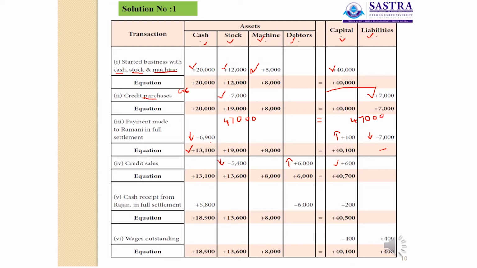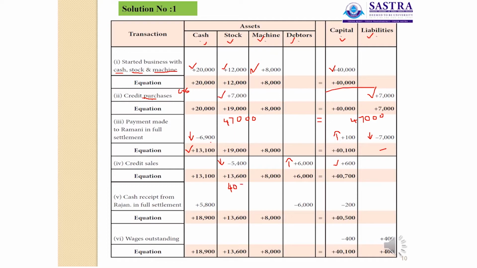Then debtors value 6,000, here the same amount 6,000. 40,100 plus 600, 40,700. Here the total of 13,100 plus 13,600 is 26,700, then plus 8,000 plus 6,000.